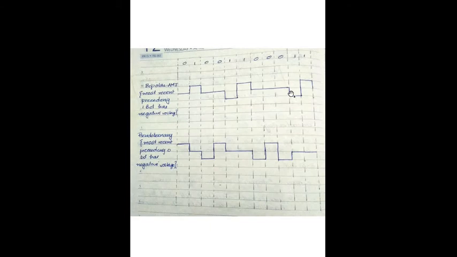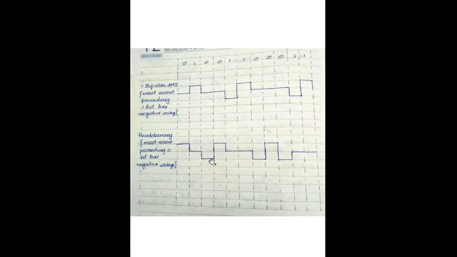In pseudo ternary, if the previous one is positive, then the consecutive one is negative, and the next one is positive, just opposite to the bipolar AMI. Here the first 0 we represent as positive, and the 1 is the line level, that is the axis level.